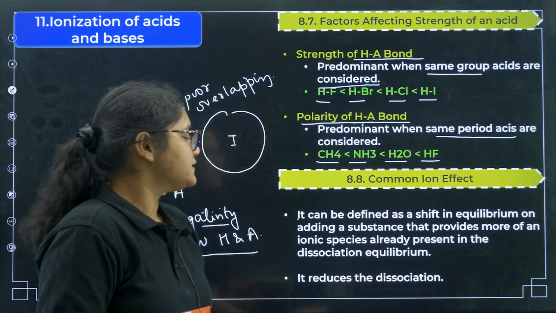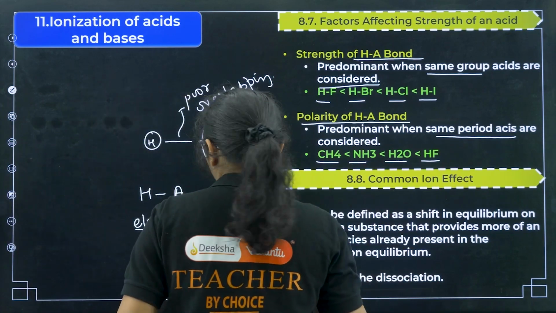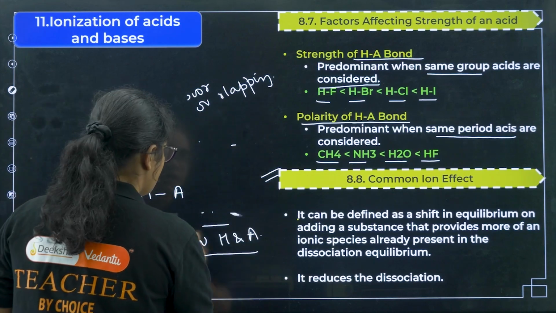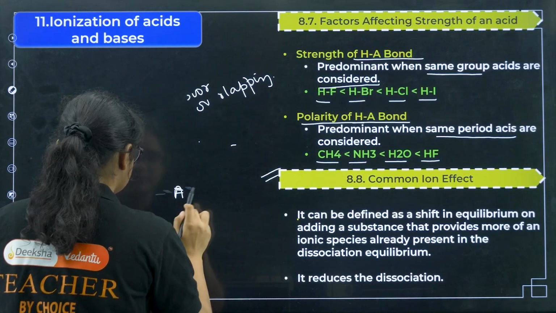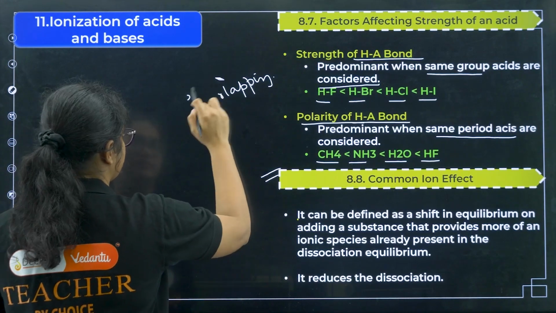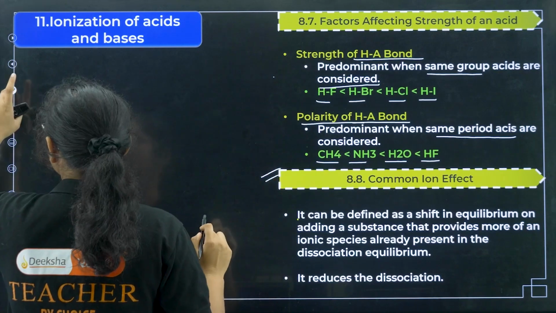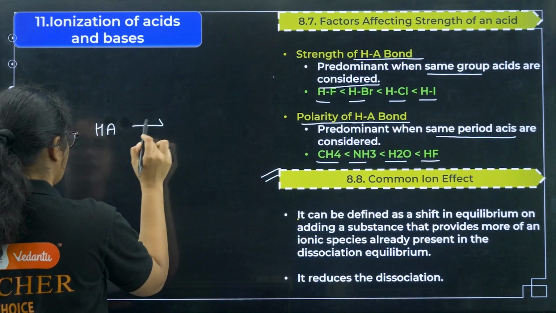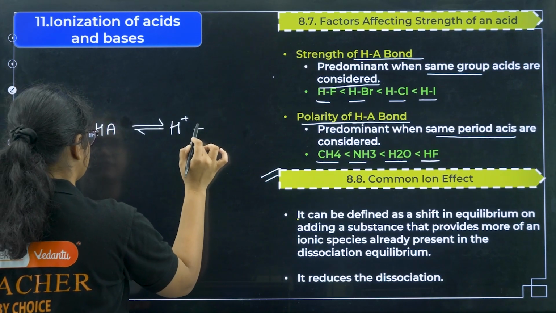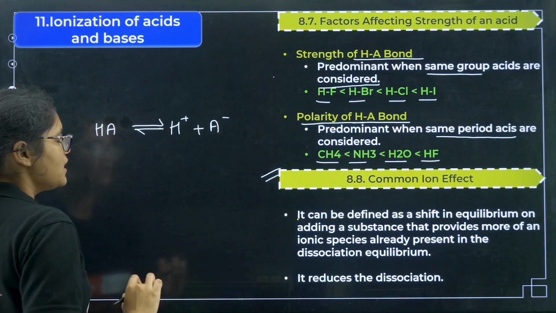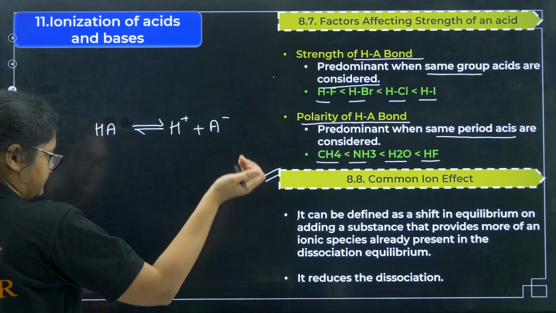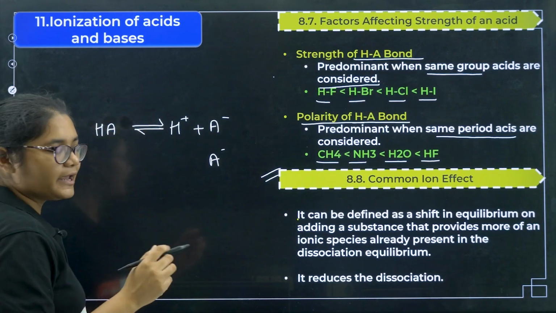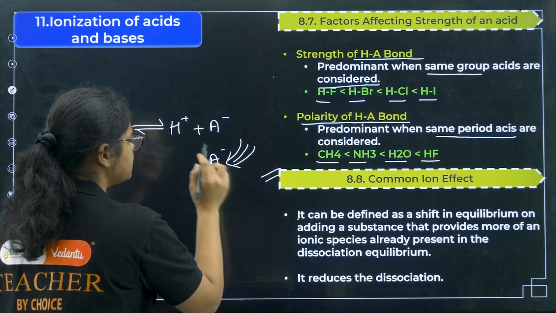Next very important thing is the common ion effect. Here I'll tell you what the common ion effect is. For this you should know Le Chatelier's principle that we have already discussed in the last class. Suppose I have an acid HA, a weak acid, giving H plus and A minus. Now I added some extra A minus to this solution.